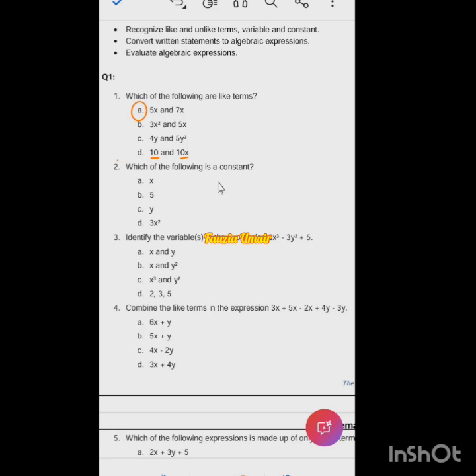Now the second question. Which of the following is a constant? Five. Ma'am, 5. Very good. 5 is a constant. Why not this 3? Because it has an x. So what will that be then? What is 3 here? Ma'am, it's a constant. There is another word for the numbers which are with variables.